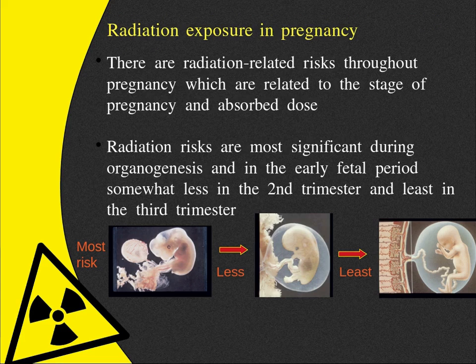Radiation exposure in pregnancy. There are radiation-related risks during pregnancy which are related to the stage of pregnancy and the absorbed dose. For pregnant staff, the risks are most significant during organogenesis and in the early fetal period, somewhat less in the second trimester and least in the third trimester.